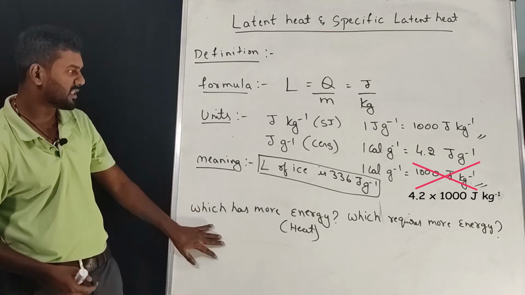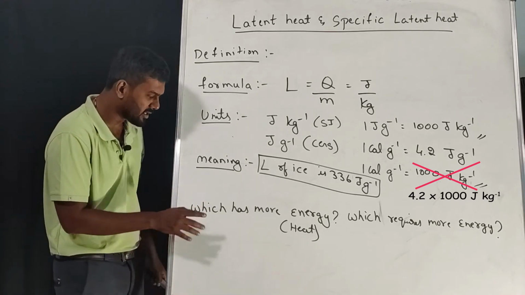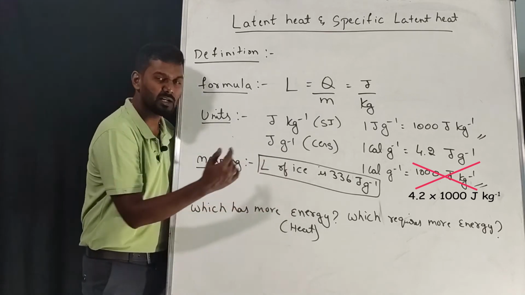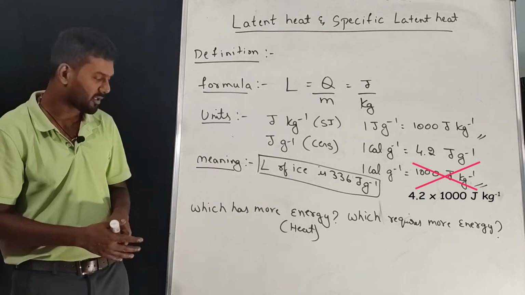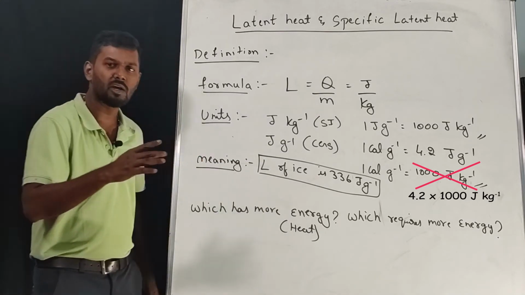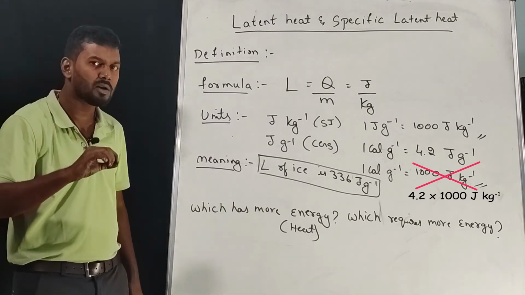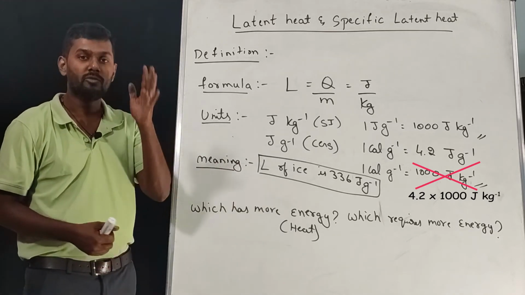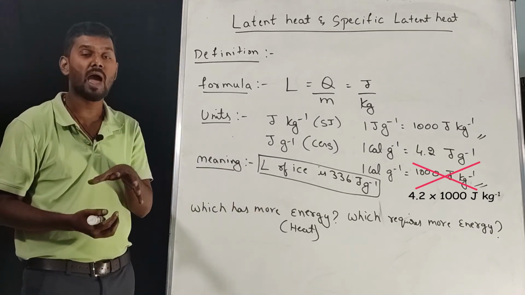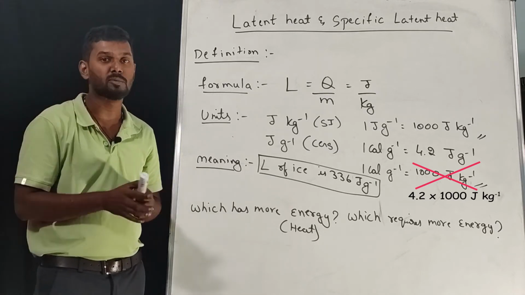Next, we'll go for this one. This is also very much important. Listen, which has more energy? When it comes to energy, we always talk about heat energy in this chapter. So whether 1 gram of ice or 1 gram of water, which has more heat energy? The water will have more heat energy. Keep that in mind.